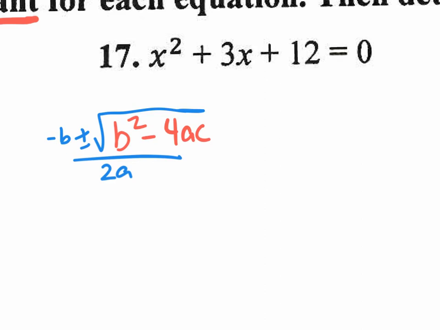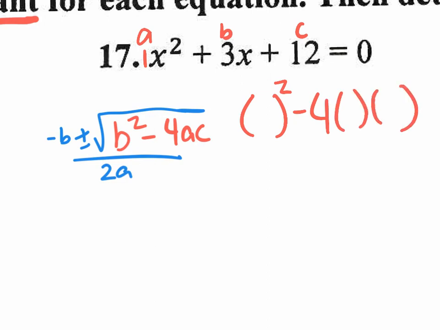So again, identify a being 1, b being 3, and c being 12. And let's do b squared minus 4 times a times c. So the b value is 3, the a value is 1, the c value is 12. I end up with 9 minus 48. What's 9 minus 48?